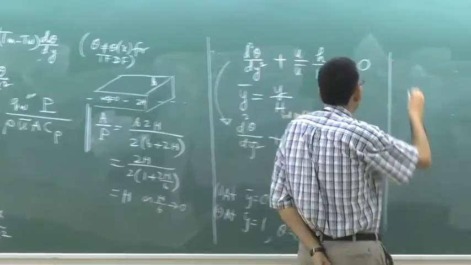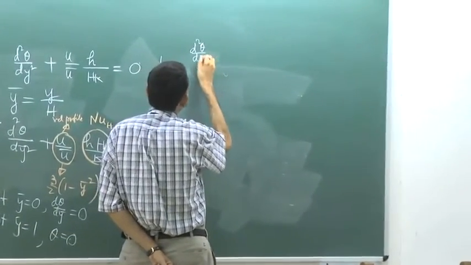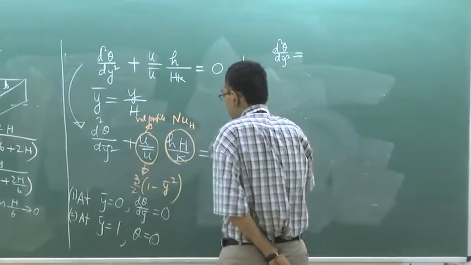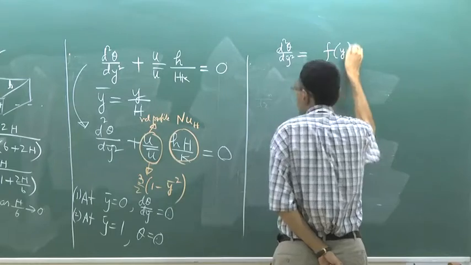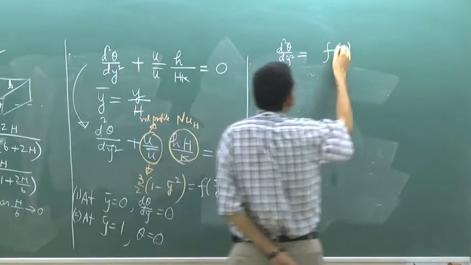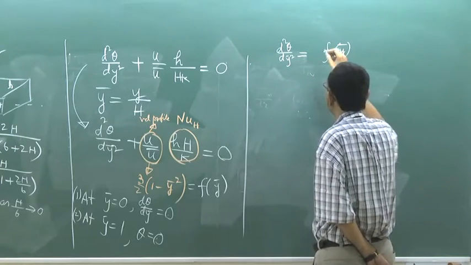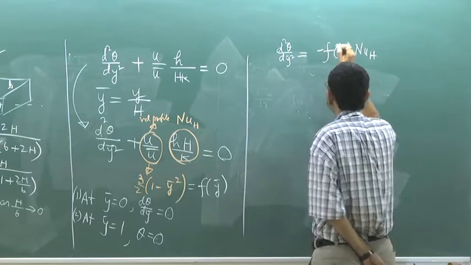So with this you have d2 theta dy2 equal to some function of y, let us say this is f y bar, into Nusselt number with a minus sign.